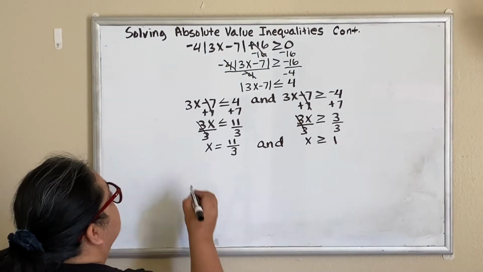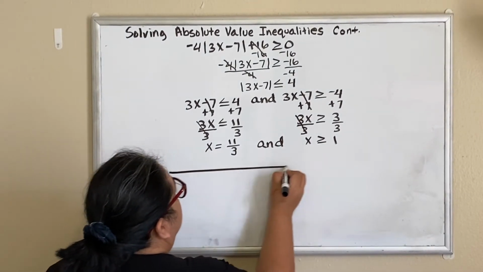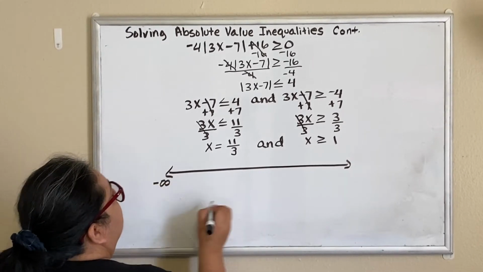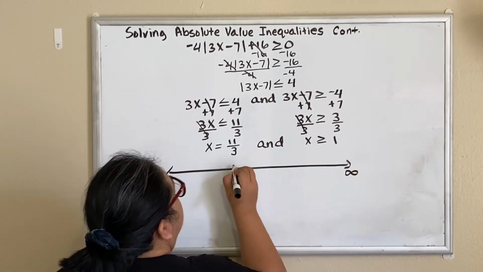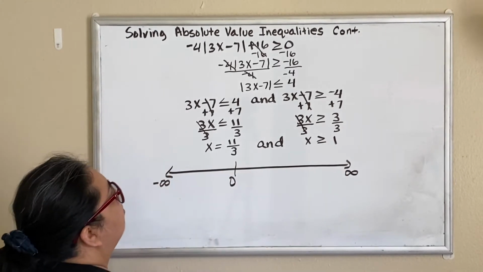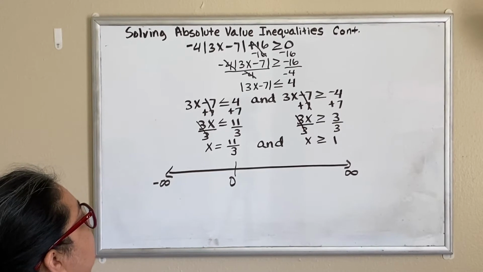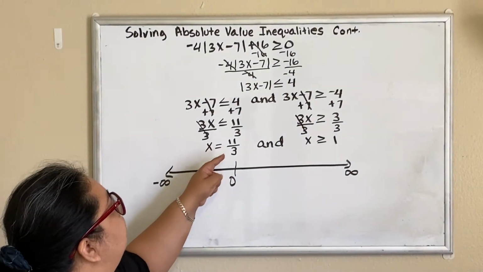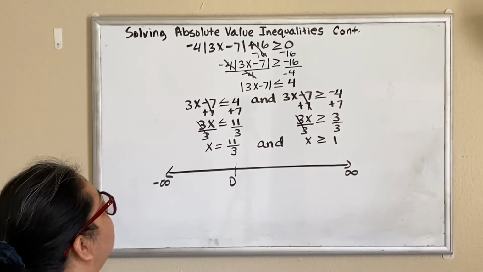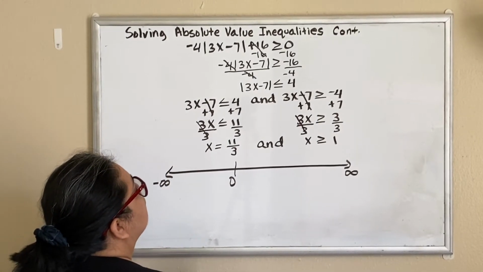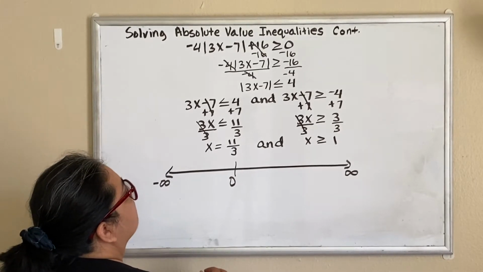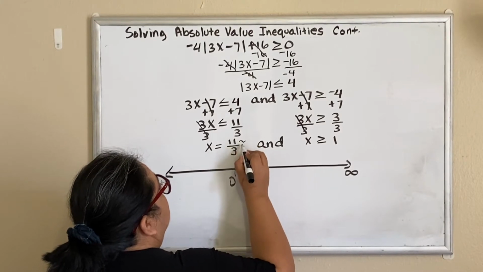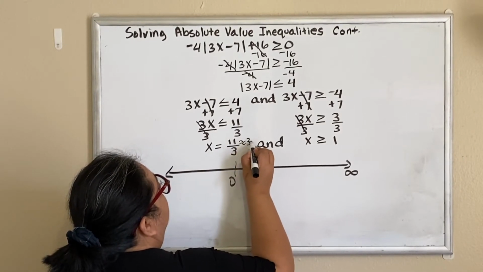So now we can mark this on our number line. On one side of the number line, we have negative infinity. On the other side, we have infinity, and 0 is somewhere in the middle. Now, we need to figure out which one's the smaller number. 11 over 3 is approximately equal to about 3.6.